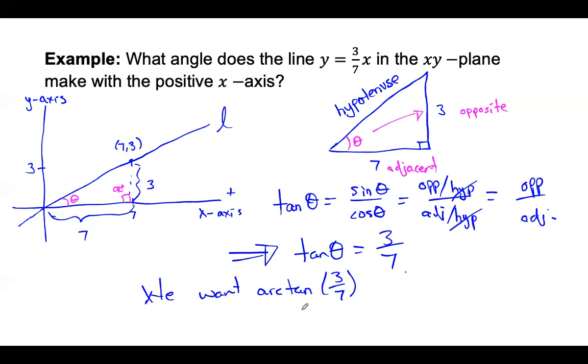We can compute this: arctan of 3/7 is approximately equal to 23.2 degrees.